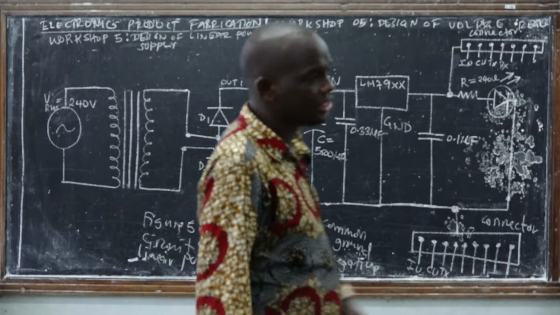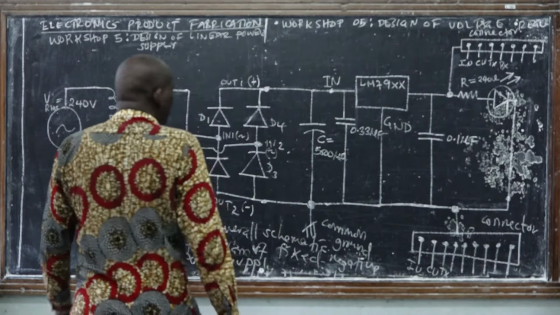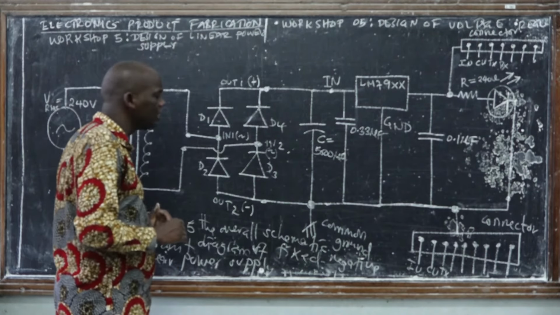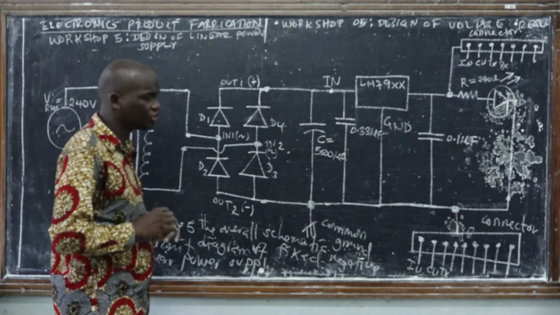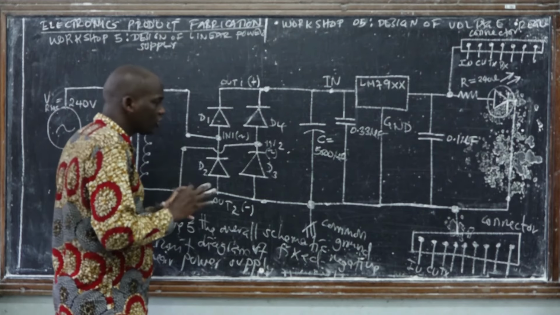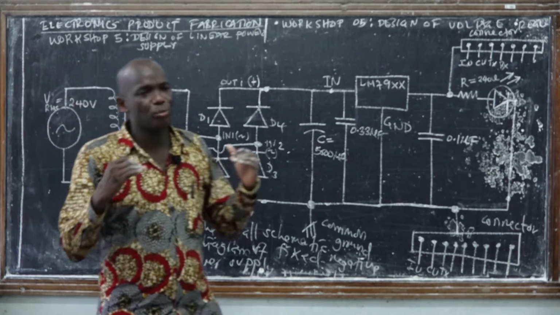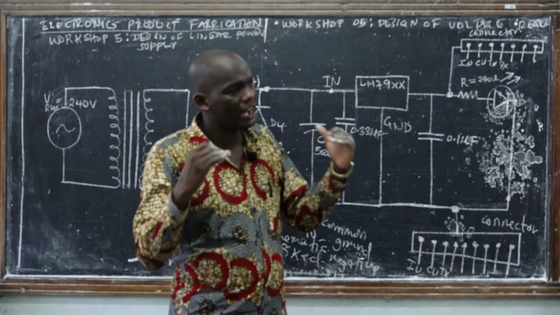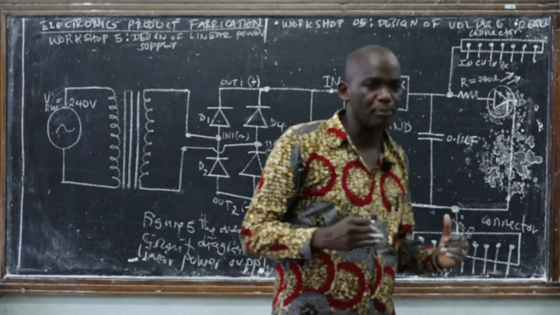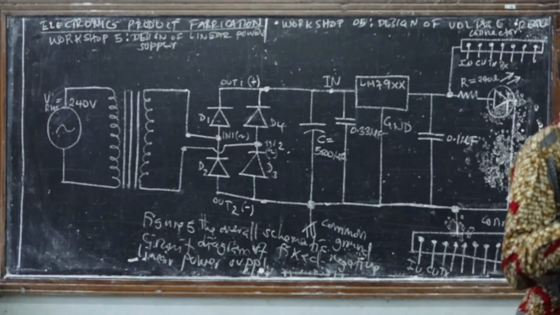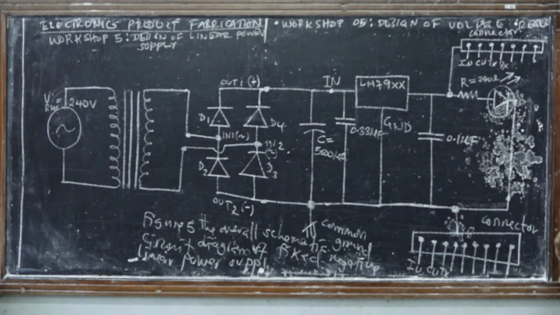Okay? Then the third case. In most cases of designing electronic systems, because most voltage regulators are limited in output current, which is either 1 ampere or 1.5 ampere, sometimes you might design an electronic system that needs a power supply of 2 ampere.